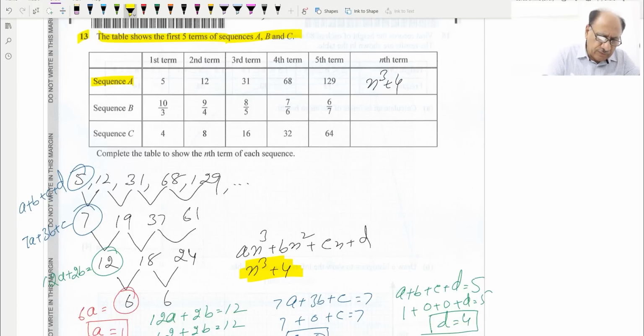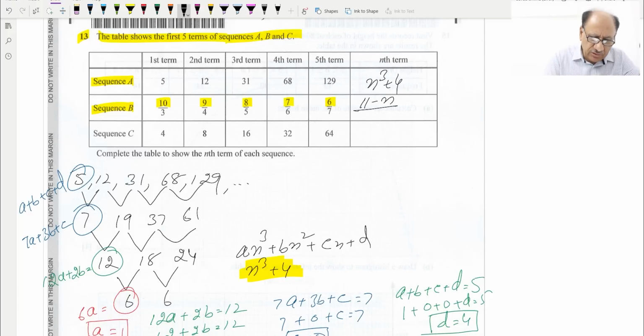Now sequence b, if we check this sequence b, numerator is 10, 9, 8, 7, 6. So 11 minus the number of term. So 11 minus 1 will be 10, 11 minus 2 will be 9, 11 minus 3 will be 8. So we can write here 11 minus the term.